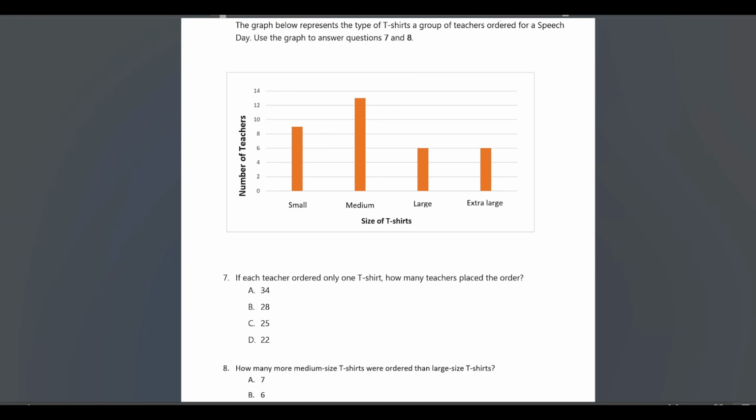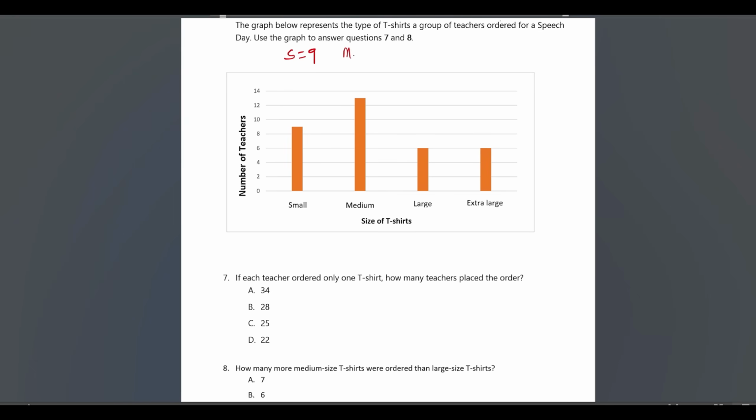So let's find out the total number of teachers who ordered each category of t-shirt. So for the small size t-shirt, from the graph, it is in between 8 and 9. Sorry, in between 8 and 10. So in between 8 and 10, it means that there are 9 teachers.